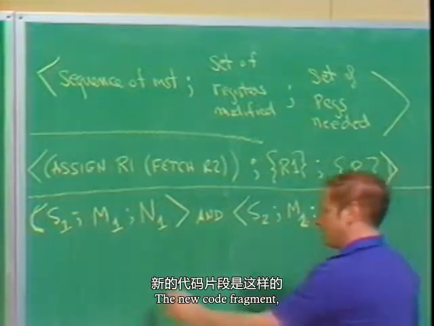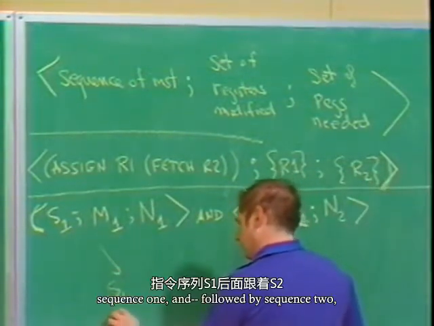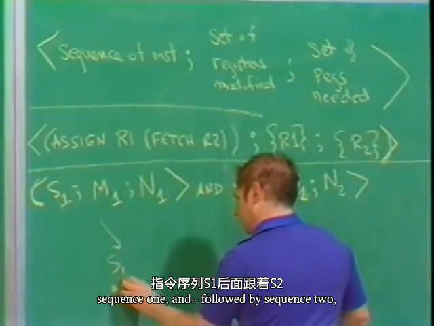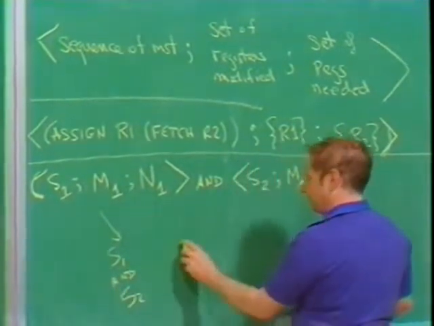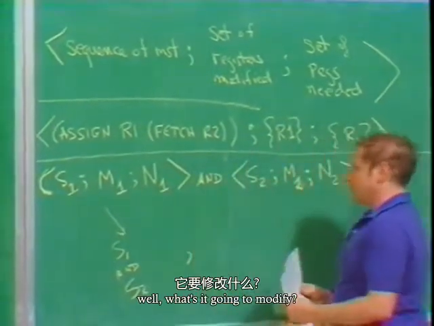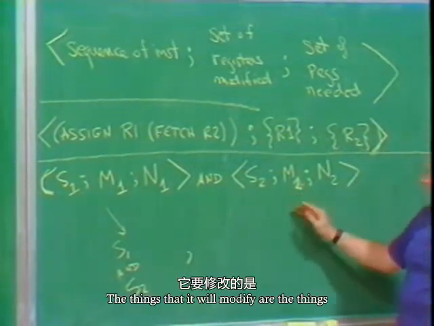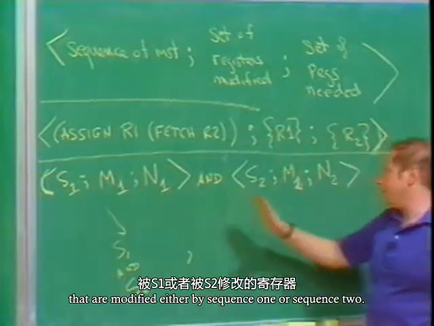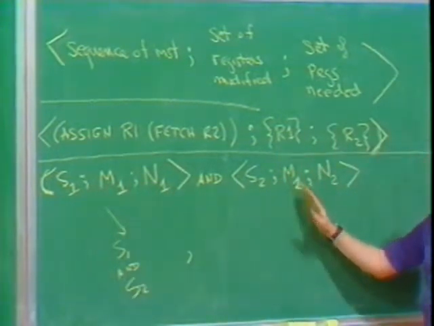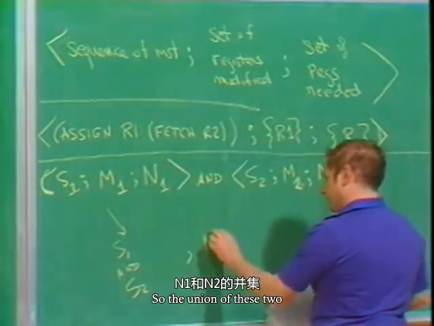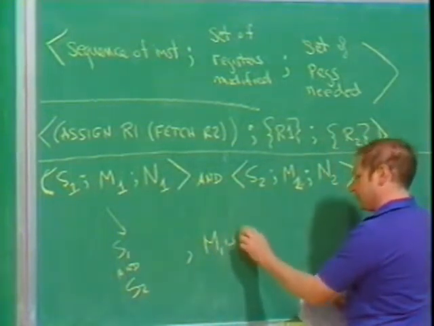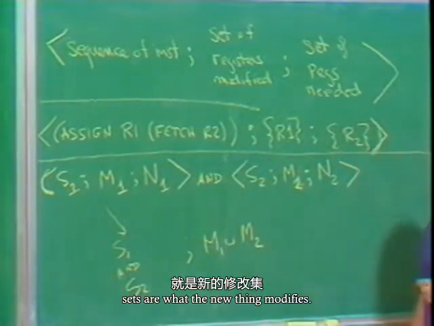The new code fragment, sequence 1 followed by sequence 2, what's it going to modify? The things modified either by sequence 1 or sequence 2. So the union of these two sets is what the new thing modifies.